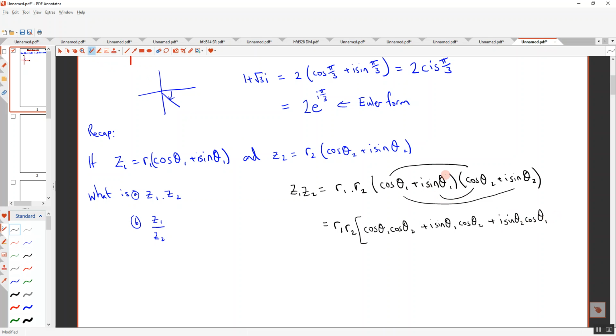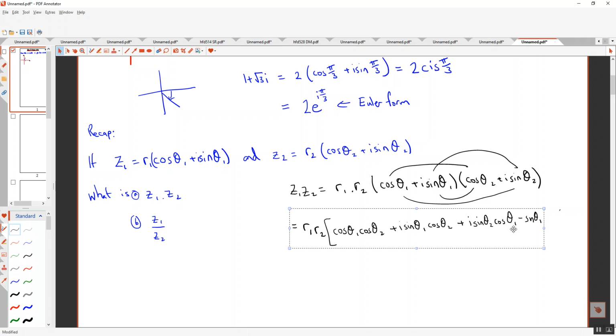And then when I do this one times this one, it's going to turn into minus sine theta 1 sine theta 2. All right, and then what I'm going to do is group together my real parts.